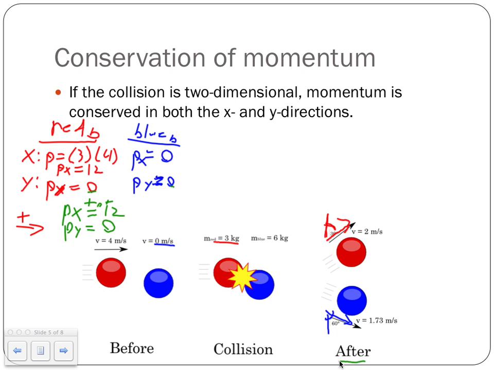So let's start off by setting up a velocity triangle for our red sphere. The red sphere is going in this direction and has a total velocity of 2 meters per second. But I'm going to break this up into a Vx and a Vy. Since we know this angle inside here is 30 degrees, the side that's on here should be 2 cosine of 30.